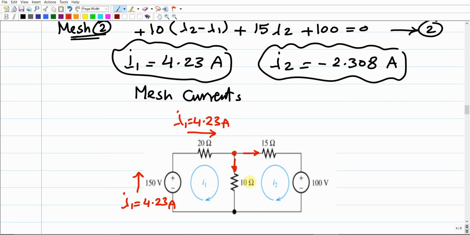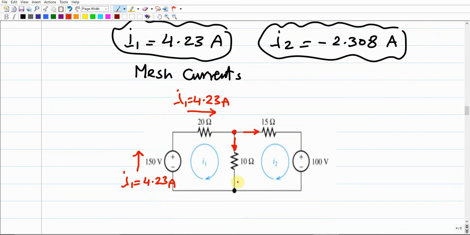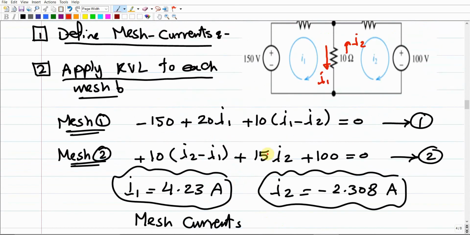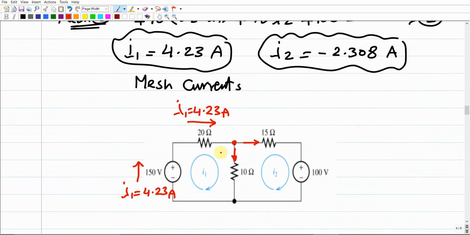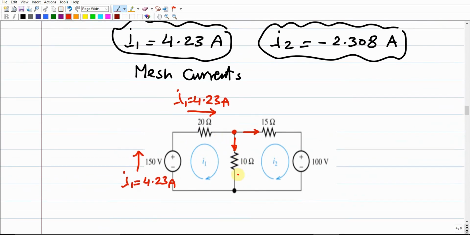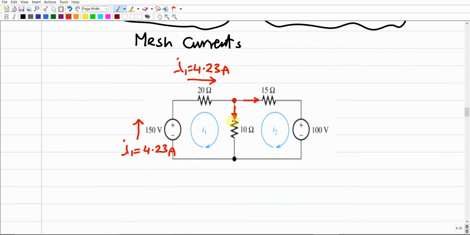So how much is the current through the 10 ohm resistance? It should be the difference, as we agreed, between I1 negative I2, or it would be I2 negative I1. But based on the current distribution over branches, the current should be going down, right? So the one that is going down, it is parallel.